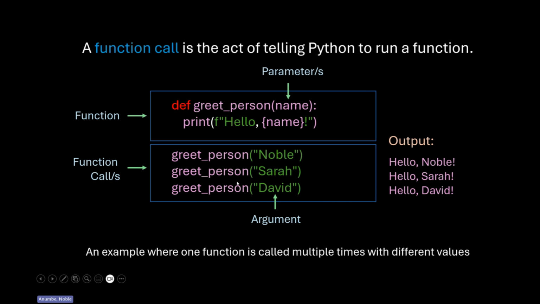So if you decided to print this out, this is what you're going to get. Greet person, noble. It will just come here and execute this function, which is hello, noble, hello, Sarah, hello, David. That's what it does. So this here is the function, and this here are the function calls. In other words, it called this function 3 times.